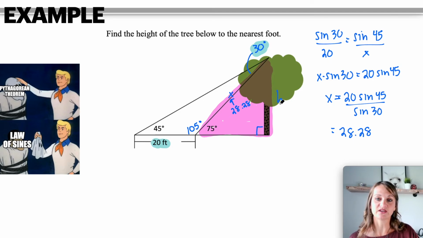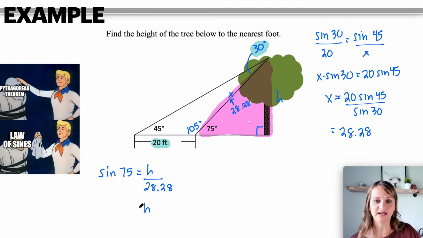So I now can actually find the height by using SOHCAHTOA. According to this angle, this is your opposite and this is your hypotenuse. So you will use sine. So the sine of 75 is going to equal the opposite divided by the hypotenuse.